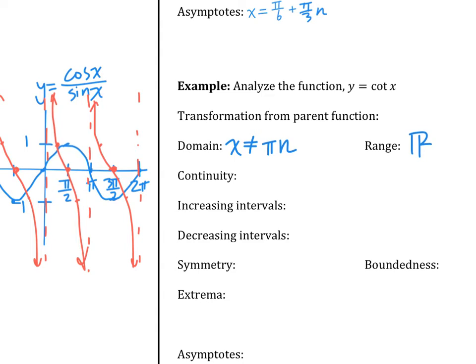Continuity. Yeah? Do you have to write n equals infinity? I'm sorry, yes. Continuity. Yeah, infinite. So anytime you have a vertical asymptote, it's going to be infinite discontinuity.